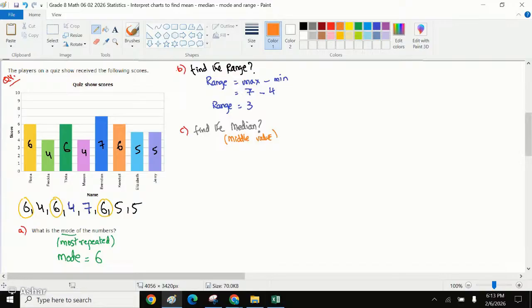So what we do is we arrange the numbers in ascending order. So can we say 4 was the smallest? I cancel out so that I remember what I've used, okay? There were 2 5s. There were 3 6s. And there was 1 7.